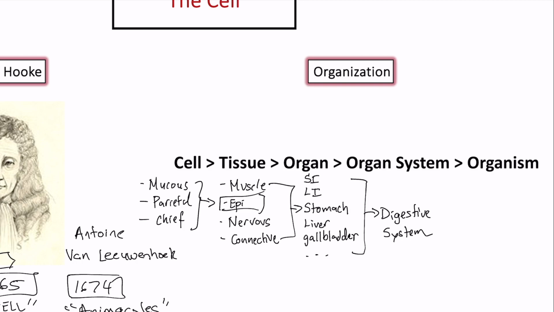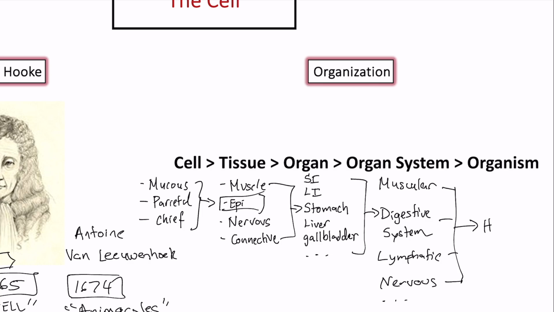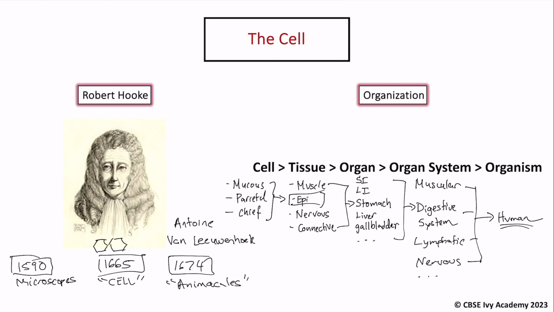The digestive system is just one. You'll also have the muscular system, the lymphatic system, nervous system, and on and on and on. And all these different organ systems come together to give you the organism. And in this case, we're discussing the human. So that's a little bit about cell structure and organization.